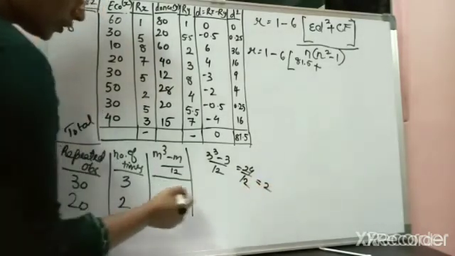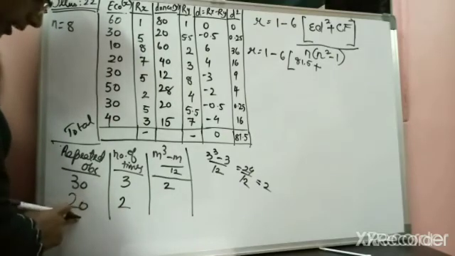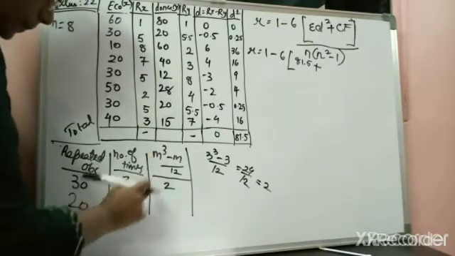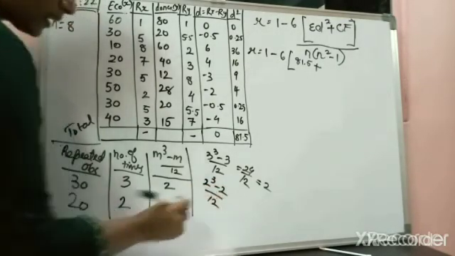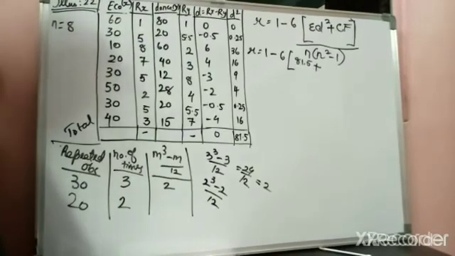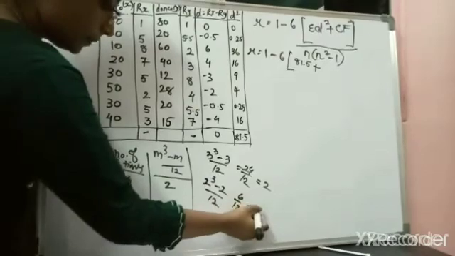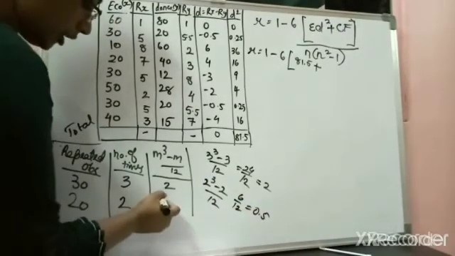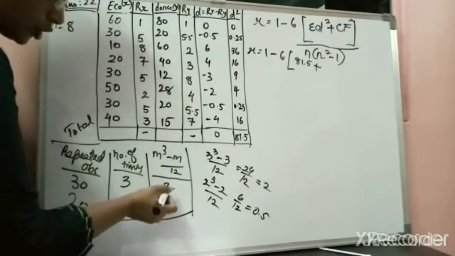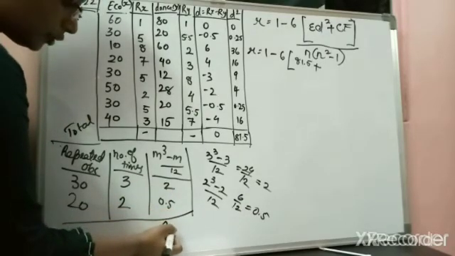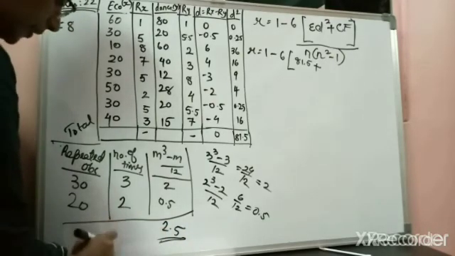Then for 20, your m would be 2. So 2 cube minus 2 divided by 12. So 2 2s are 4, 4 2s are 8, 8 minus 2, 6, 6 divided by 12. It would be 0.5. Then afterwards you have to total it up. So 2 plus 0.5, it would be 2.5. Clear with this?